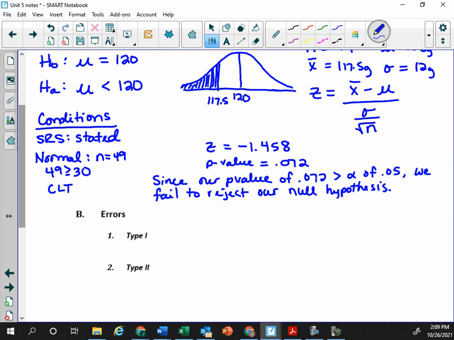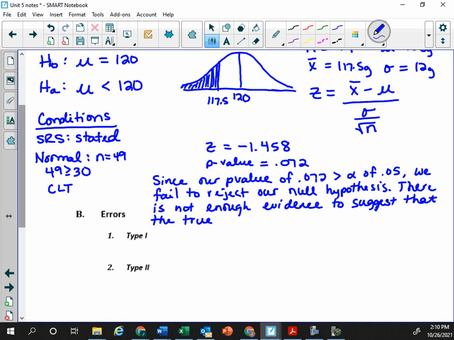There is not enough evidence to suggest that the true mean weight of chip bags is less than 120 grams. All right, I'll let you write it and then I'll explain it.